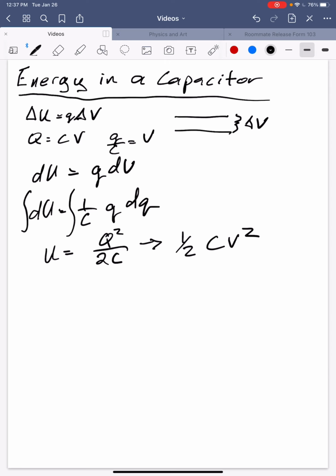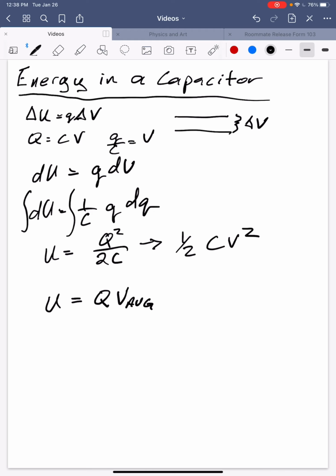Another way to think about this would be to think about the average potential, and to think about U being equal to Q V average.